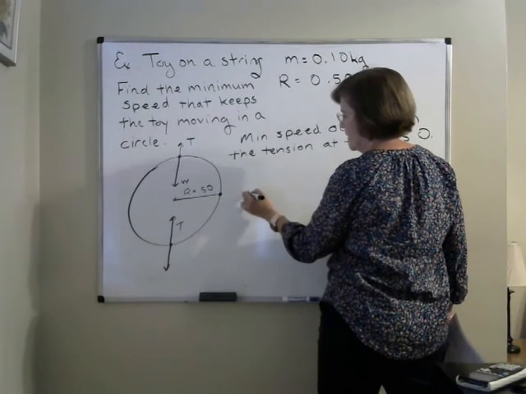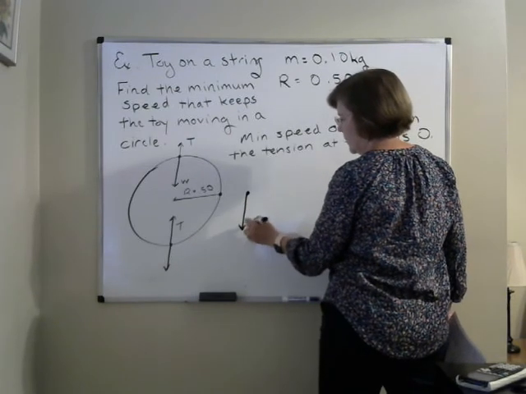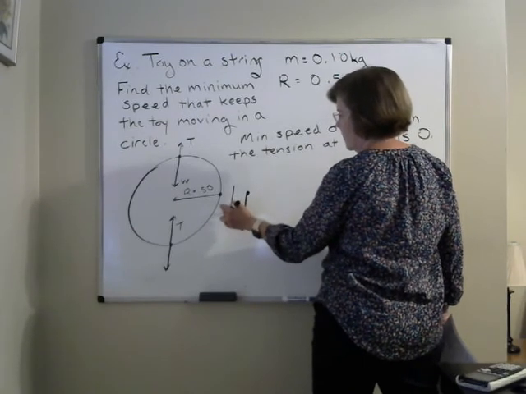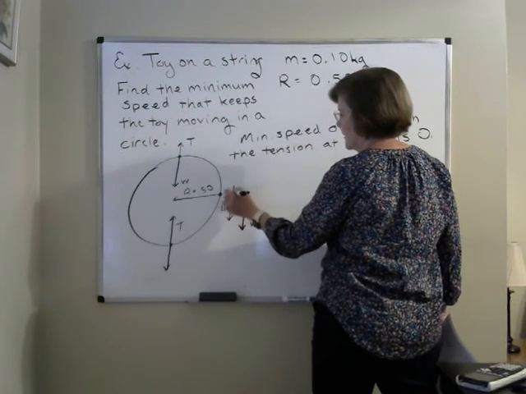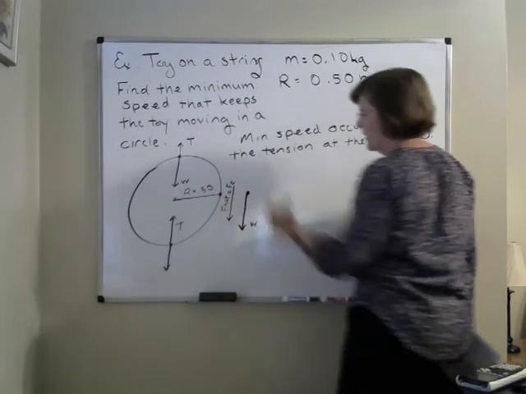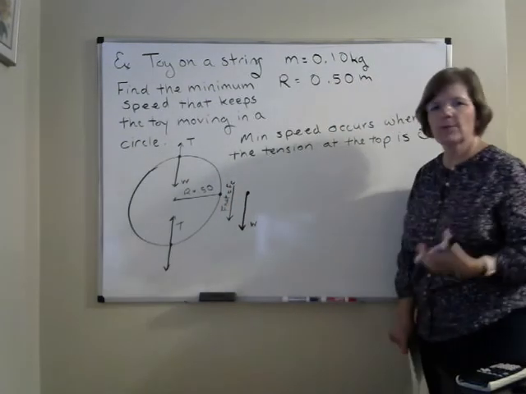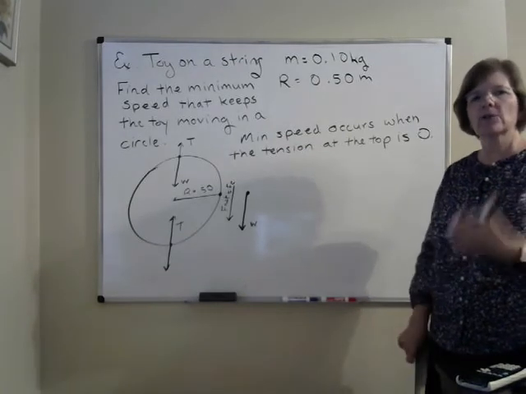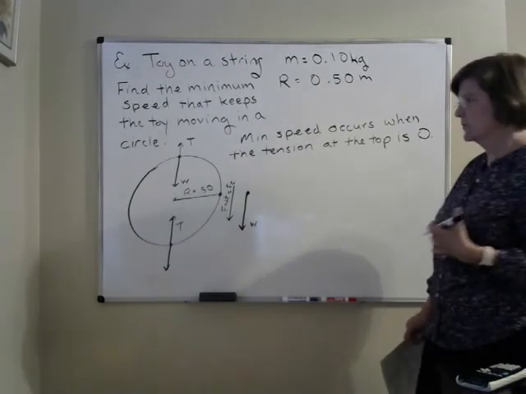If we look at the top, the weight points down, and the net force, or the centripetal force, is down. The net force, the centripetal force, has to point towards the center of the circle. This toy is moving in a circle at a constant speed, but it's a vertical circle.